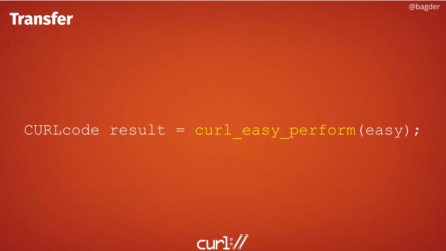So this either makes the entire transfer and returns okay, then the transfer completed the way it was supposed to do, or it's returned an error, and then it's a non-zero result here in the CURLcode variable. And there are, I think, about 100 different error codes that explain what the problem was if anything went wrong.